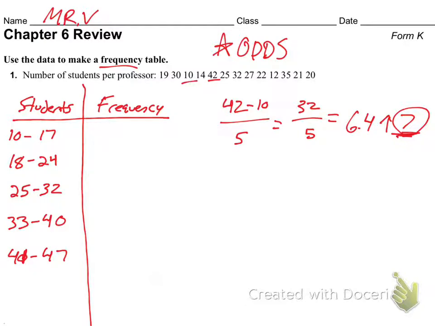And what I would do from there is I would just mark these, and in a situation like this, I'd probably tally them. So 10 to 17, I would just do tallying them or marking them and then crossing them off.